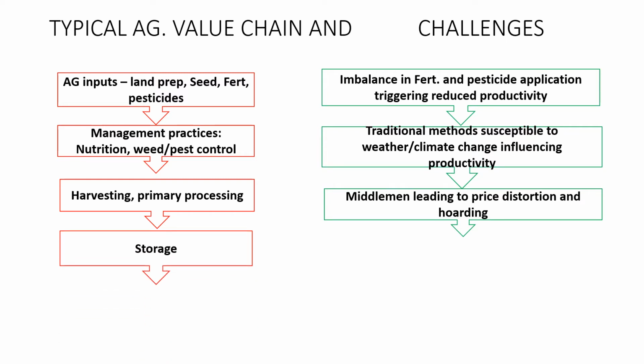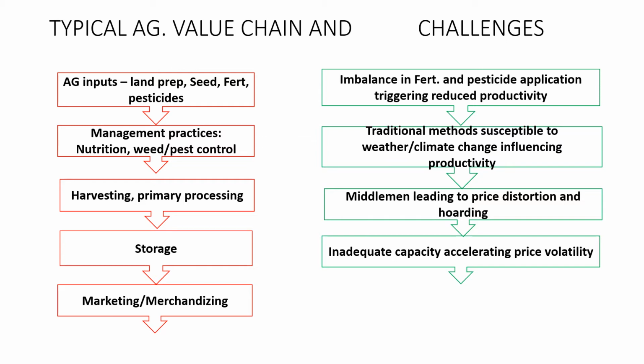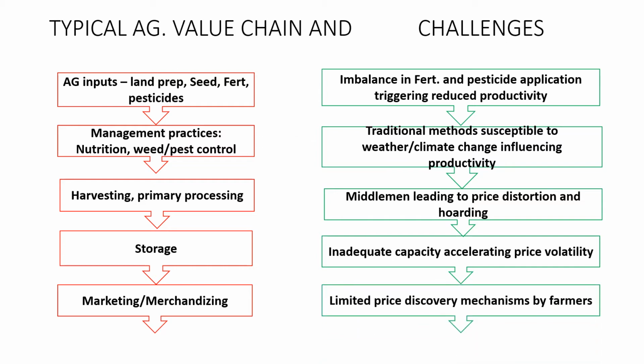The other node of interest is the storage node, in which case we'll find challenges such as inadequate capacity of storage facilities, and thus this would accelerate price volatility. The other one is the market or marketing. This is another node in the agricultural value chain, and the challenge under this node could be limited price discovery mechanisms for farmers.